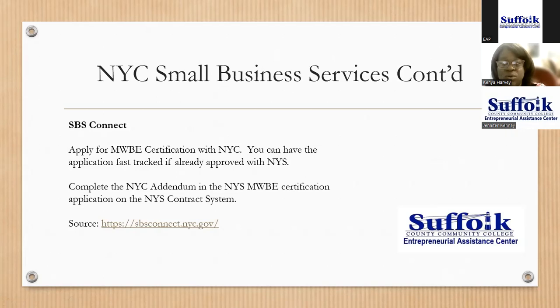To get this application process more simplified, you complete the New York City addendum and the New York State MWBE certification application on the New York State contract system. And the address of the site where to apply with New York City is located here at the bottom.